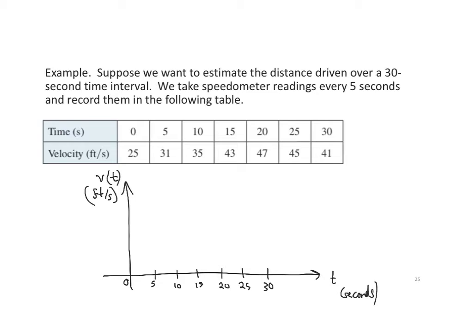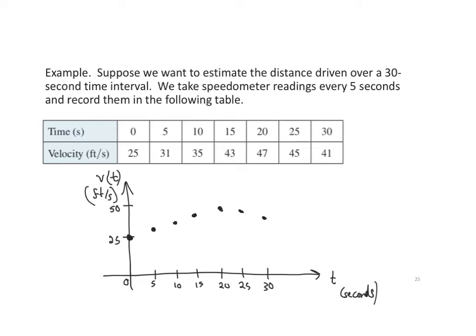So let's maybe say that this is 25 and this is 50, and we'll eyeball these points. So we have (0, 25), (5, 31), (10, 35), (15, 43), (20, 47), (25, 45), and then (30, 41). So about like that.